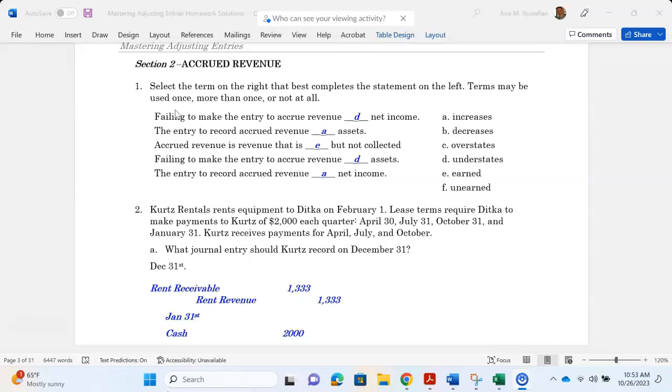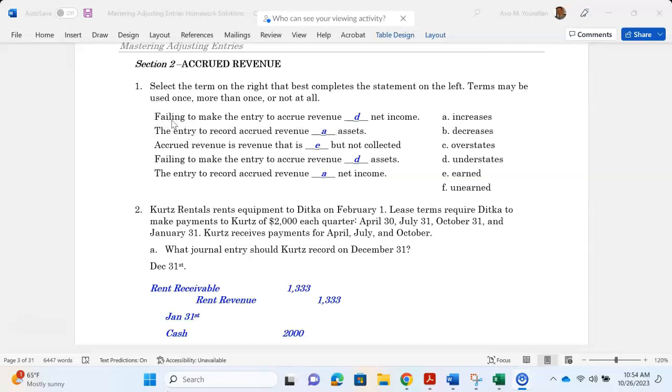Number 1, section 2 says, select the terms on the right that best complete the statement on the left. Terms may be used once, more than once, or not at all. Okay, so failing to make the entry to accrue revenue.